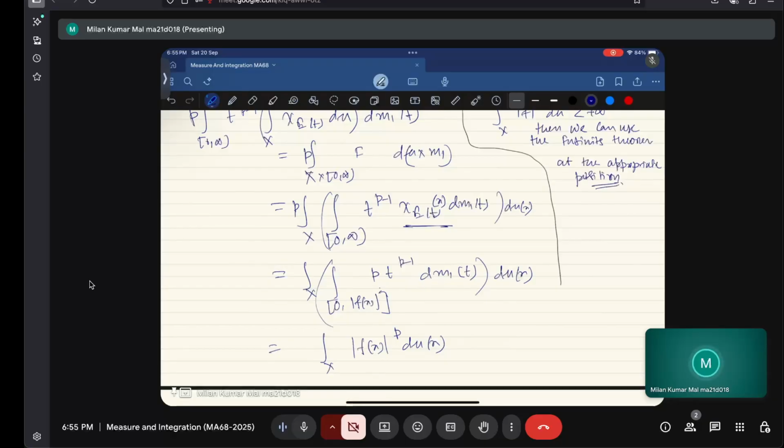What is the appropriate position here? So let's start from the reverse. Suppose f is a function and this holds. Then one can directly write this like this, so there is no problem.